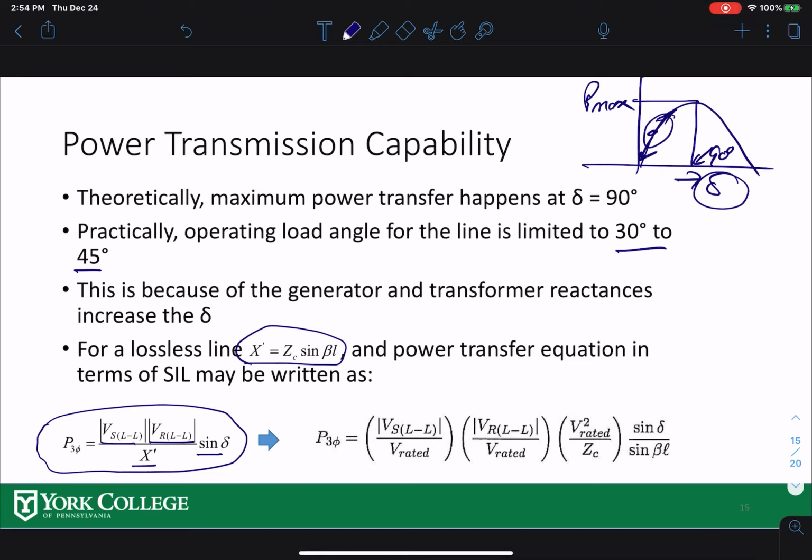All right. Now if I modify this equation a little bit and divide both voltages by V rated over here, and also put them on the top here to cancel it out, and Zc over here can come over here, and then sine delta over sine beta L can stay over here, right? So it's a modification, the same equation we modified to bring them into per unit values.